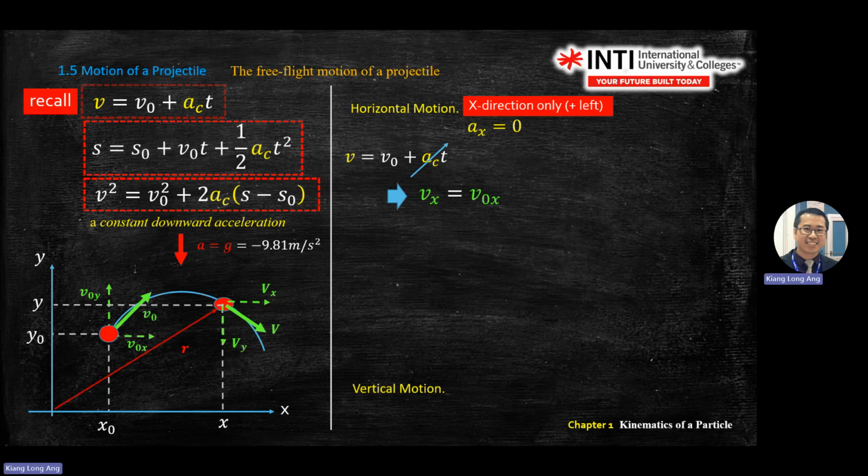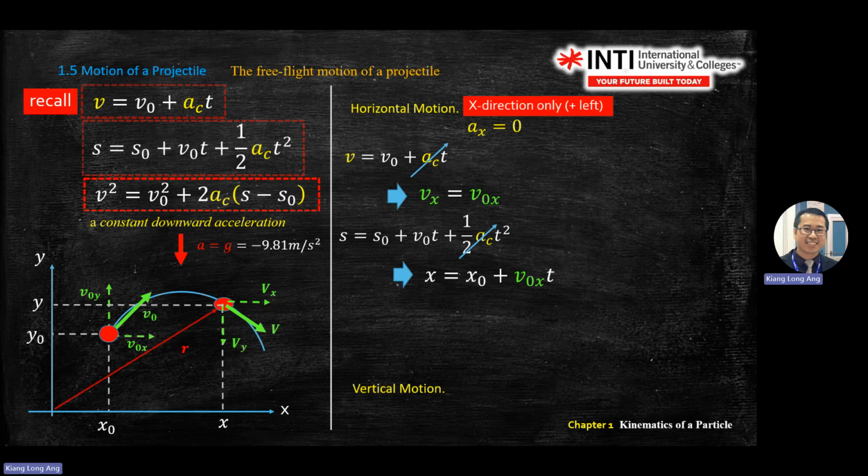What happens to the second equation? If you apply the same, this term will become 0, so this one also cancels. You arrive at xo and vox.